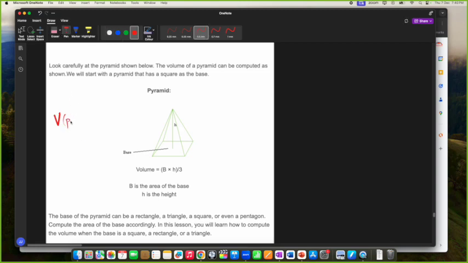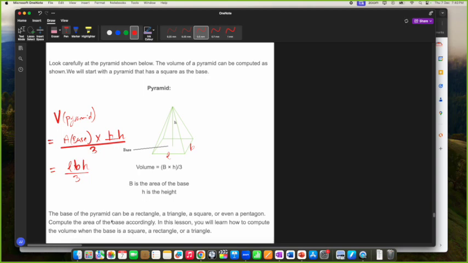The volume of a pyramid is equal to the area of the base multiplied by the perpendicular height, all divided by 3. So if this was length and this was breadth, we could rewrite that as length times breadth times perpendicular height divided by 3. That will give you the volume of a pyramid.